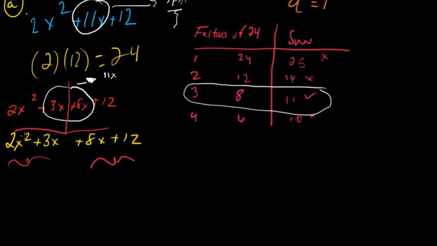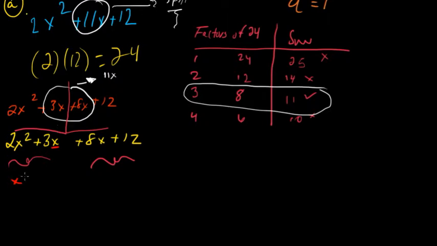So first, we look at this: if both terms have the same variable, we look at the smallest power. The smallest variable here is x, because this is an x squared, so this is an x. So we can factor out an x for sure. But do they have any numbers in common as well? Do 2 and 1 have any common factors besides 1?